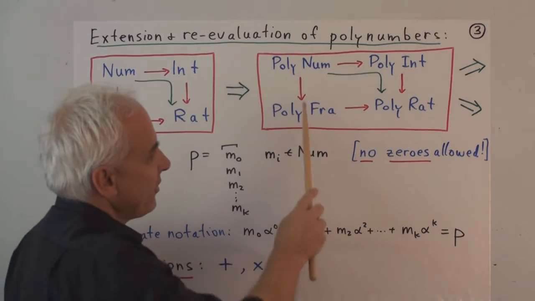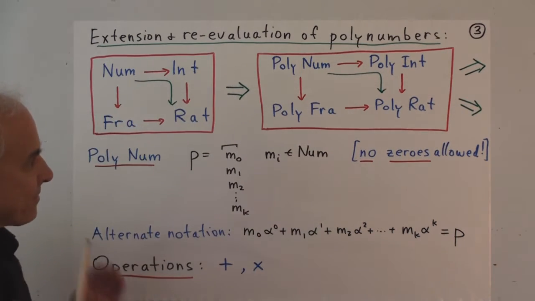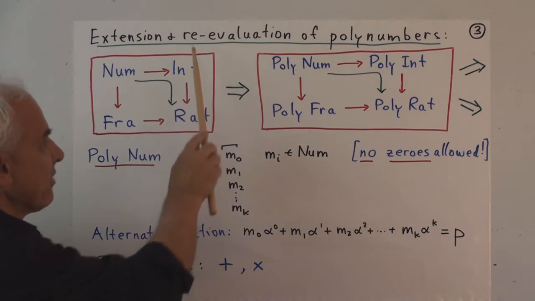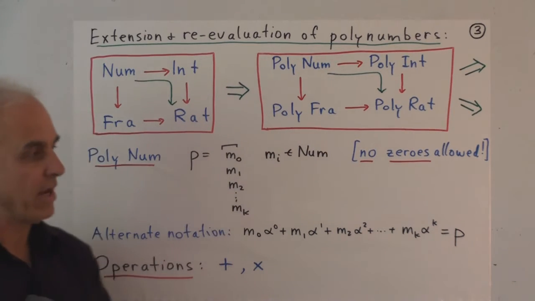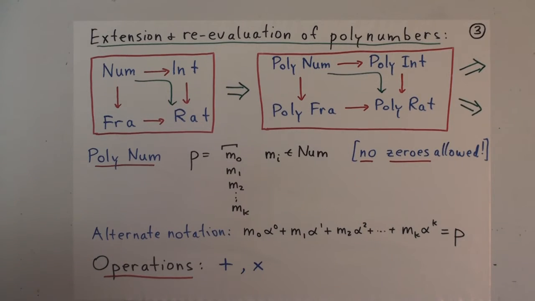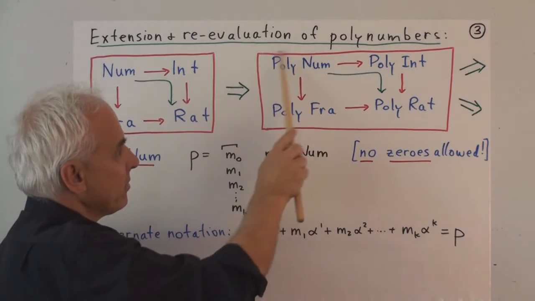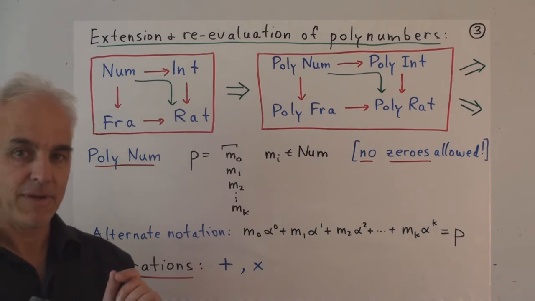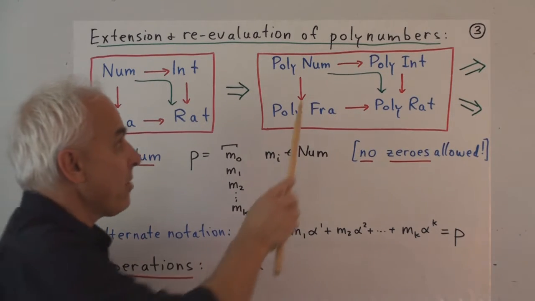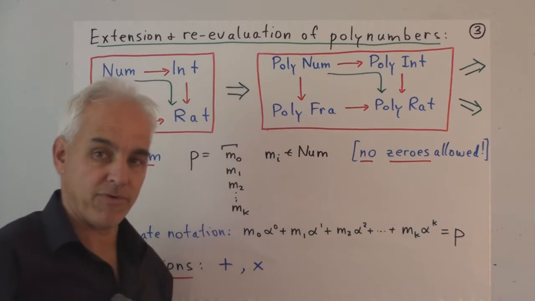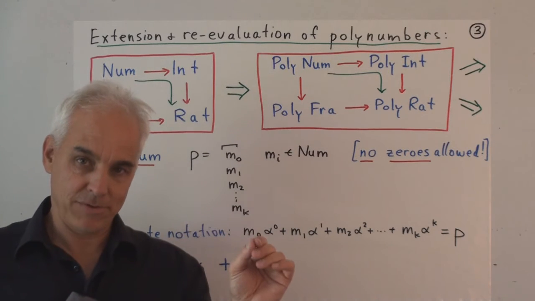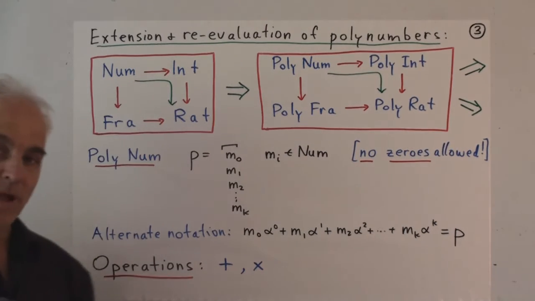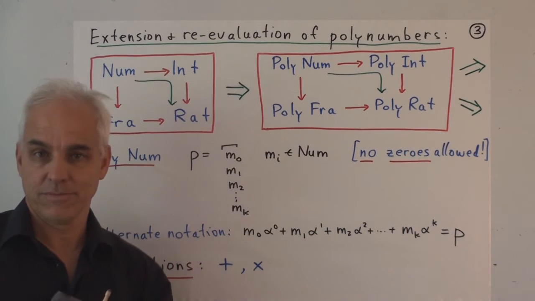So what are these various things? Well, I'd like to proceed a little bit differently than previously, so this is a reevaluation of polynumbers now, by starting with this one right here. We haven't actually defined polynumber as a type yet. We started by defining positive polynumbers, where zeros were allowed. Now we're going to say, well, actually, when we started with natural numbers, we didn't include 0.